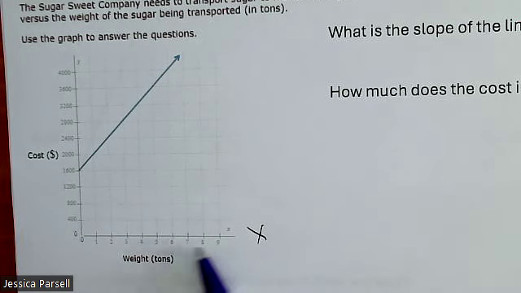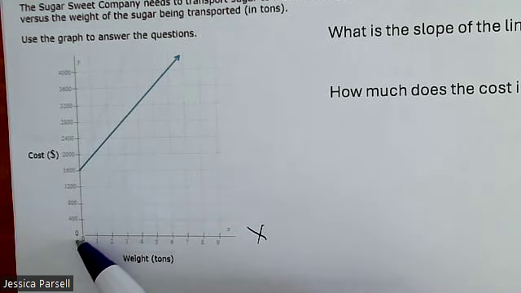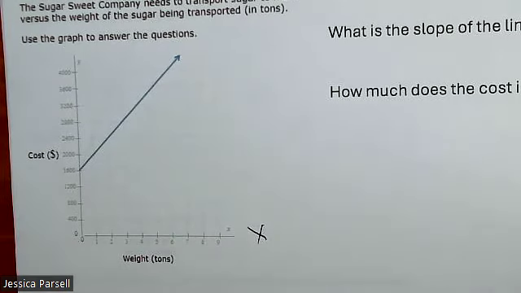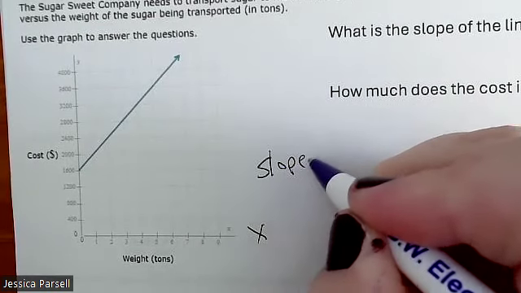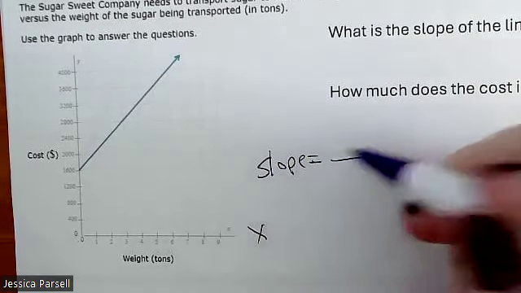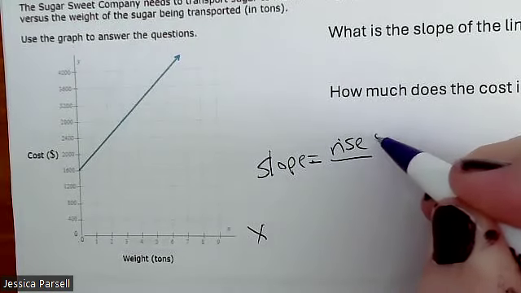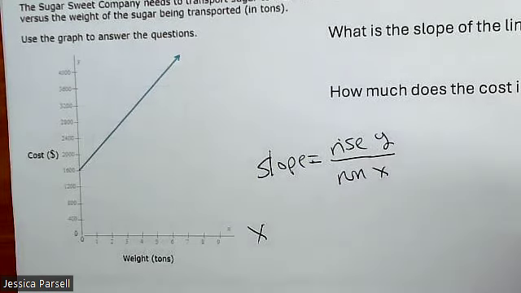And as the weight of the sugar increases, we can see that the cost goes from $0 up to 4,000, also increasing. So when they ask us what's the slope of the line, slope is going to be equal to rise over run. What's happening on the y-axis over what's happening on the x-axis here.